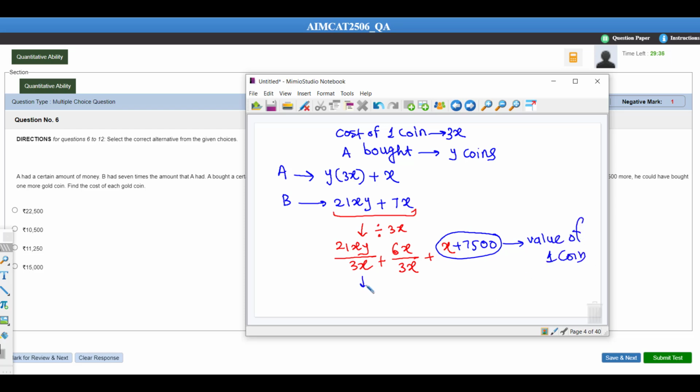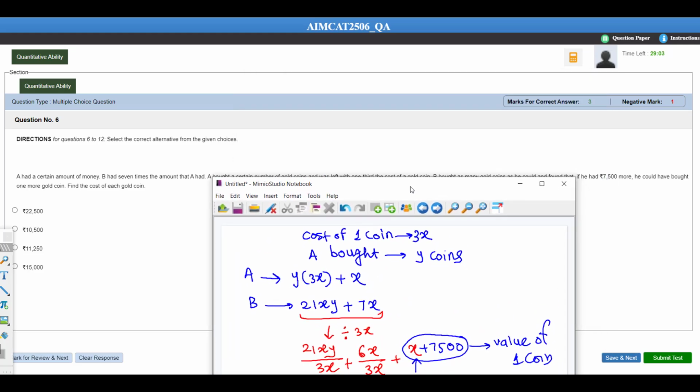So this is 7y plus 2 coins already purchased. x rupees are left, and if he had 7500 rupees more, he can purchase one more coin. It means x plus 7500 is equal to the cost of one coin, which is 3x. So let's solve this. 2x is equal to 7500, so x is equal to 3750.